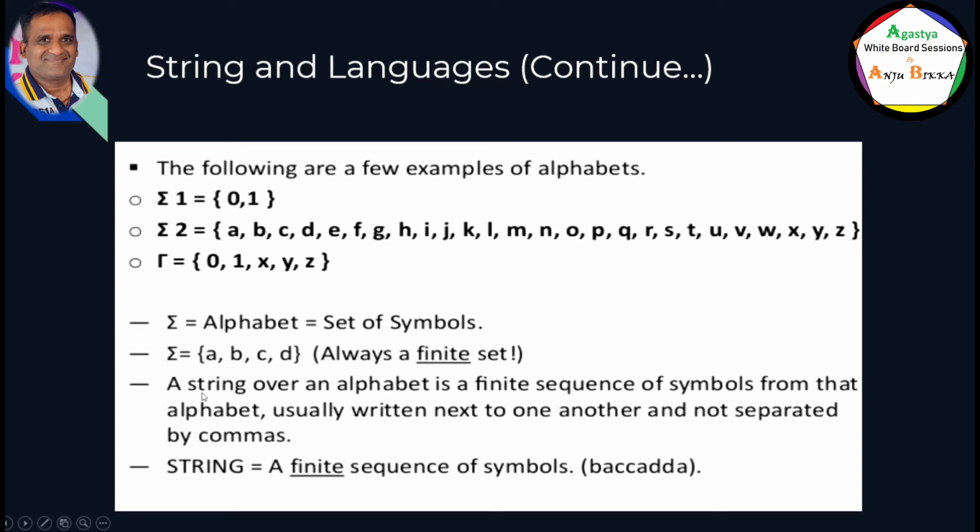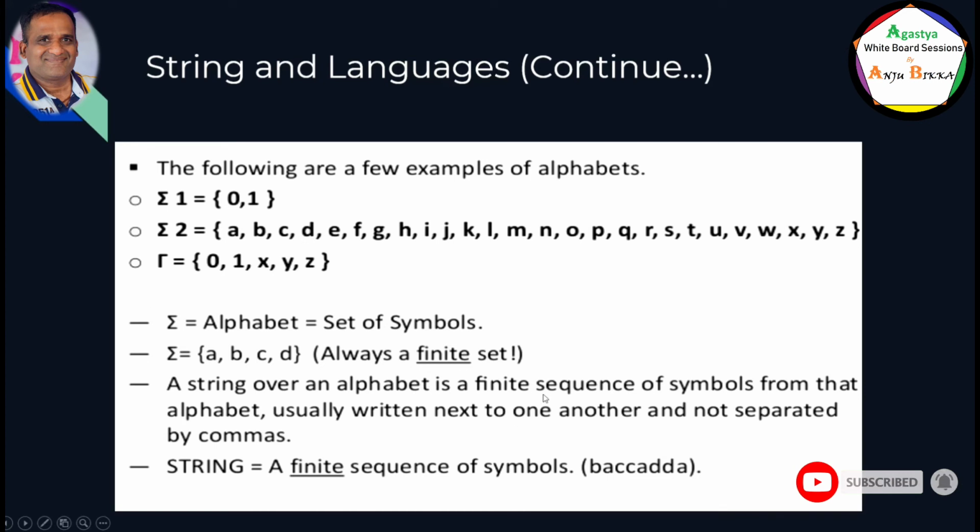Then what is a string? A string over an alphabet. This is important. What is the meaning of over an alphabet? It means the symbols in the string must belong to the alphabet. So a string over an alphabet is a finite sequence of symbols from that alphabet, usually written next to one another.